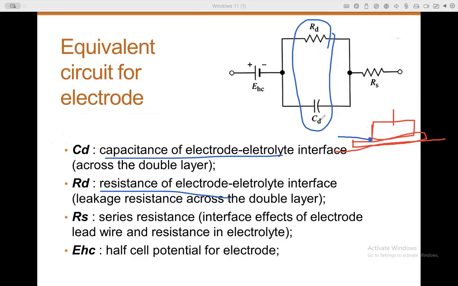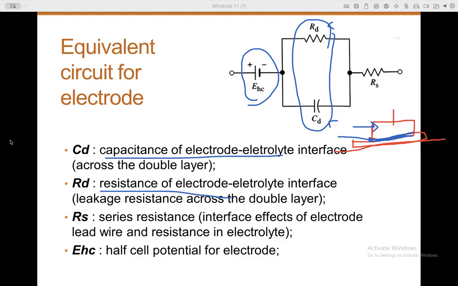Right? So we haven't come to the skin yet, but here at this surface, you have some kind of capacitance because you have the electrolytic interface. So that capacitance is what's given here. And then that resistance is what's given here. The half cell potential due to the actual electrode, that's what's here.